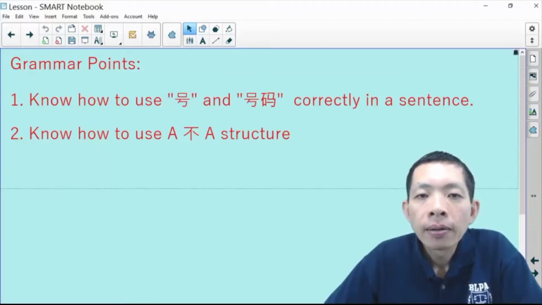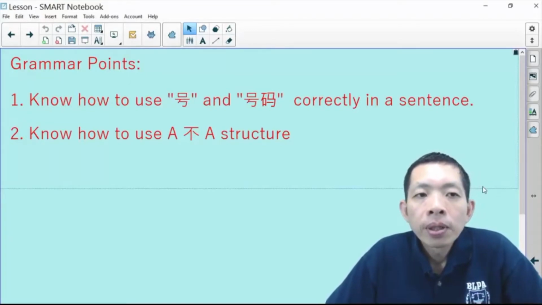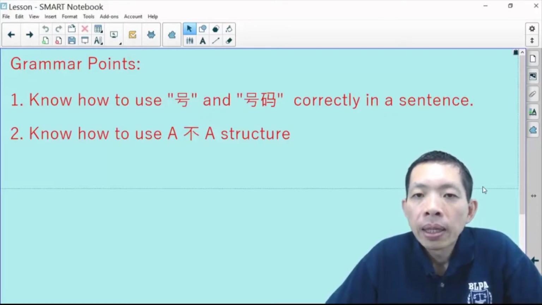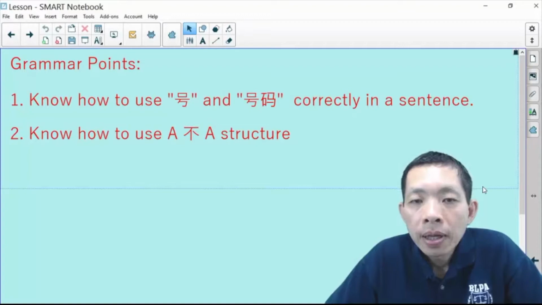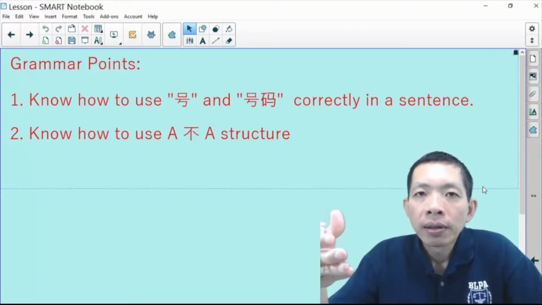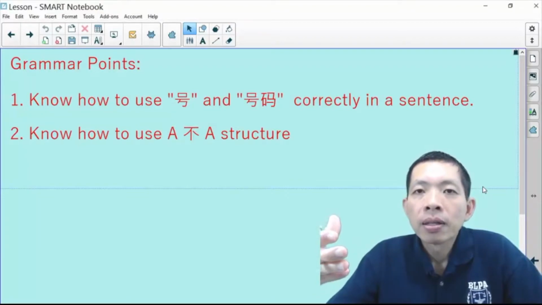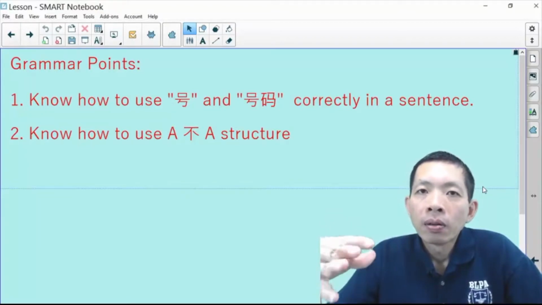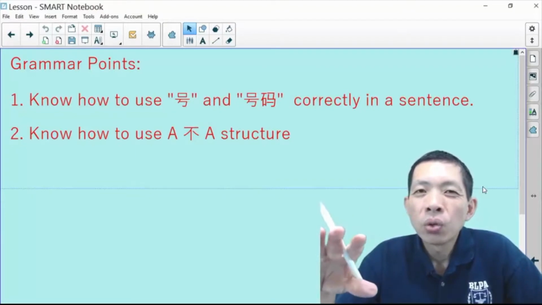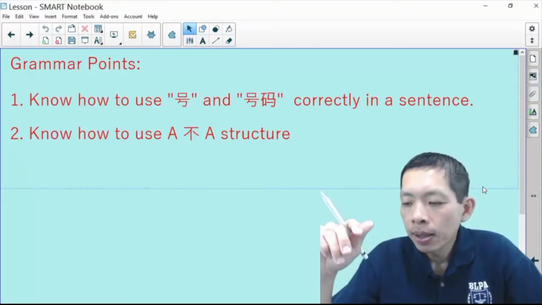大家好. Today we're going to talk about the grammar points on lesson 7. Unlike the previous lessons that focus on a lot of grammatical points, this lesson only has 2, but they're not so complicated.